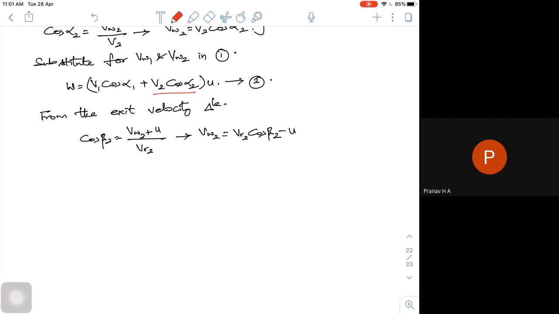In a similar form, here I can write the same VW2 in terms of cos beta 2 also.